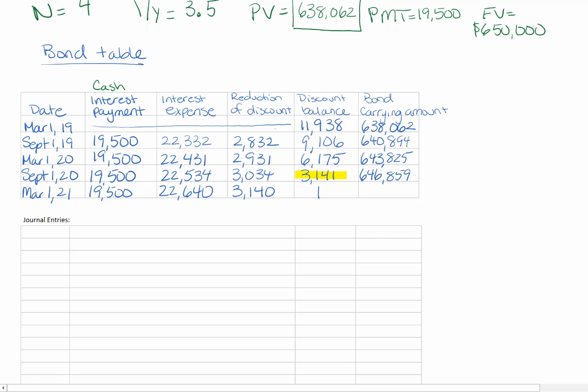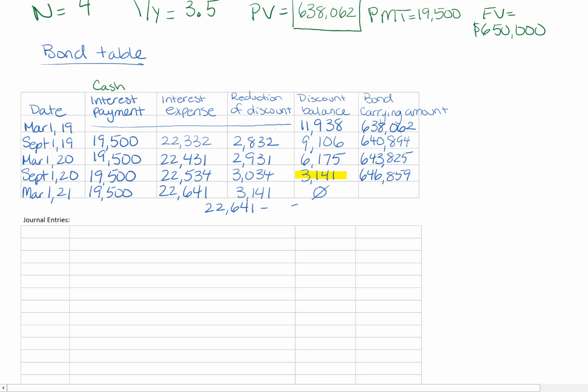I don't actually mind if you leave it like this. That's fine. It's not a big deal. But if you want it to be absolutely perfect, which let's be honest, most of us do, you can change the interest expense so that your new reduction of discount perfectly equals the discount balance. So as you can see, I've changed the 0 on interest expense to a 1. And so now my reduction of discount is 3,141.